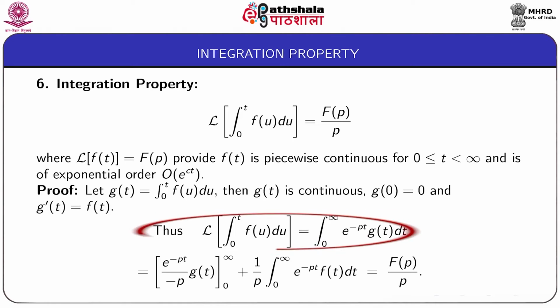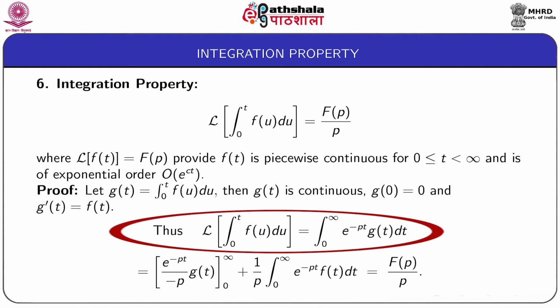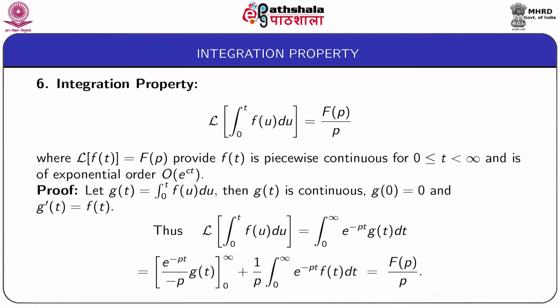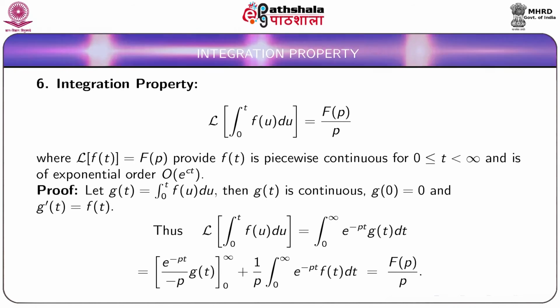Thus, the Laplace transform of g(t), that is the Laplace transform of the integral from 0 to t f(u) du, is equal to the integral from 0 to infinity e to the power minus pt g(t) dt.